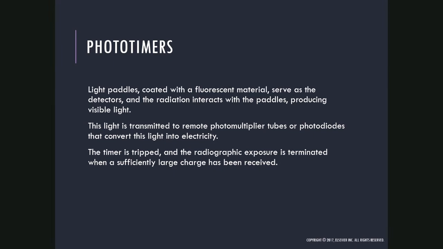This is where we use that characteristic of X-rays. So the light paddles are coated with fluorescent material. They get enough X-ray, the X-ray makes the paddles glow, producing the light. And then once there's enough light, that turns into an electrical signal, which trips the timer and tells it to stop.